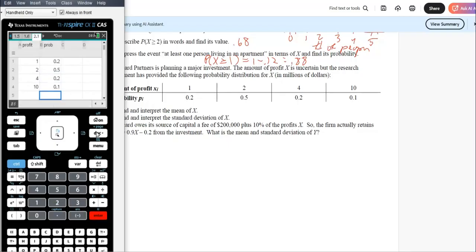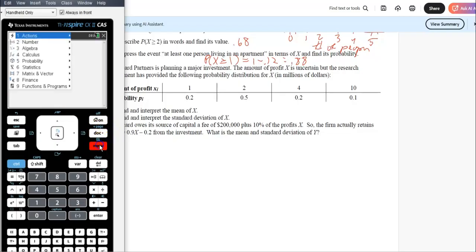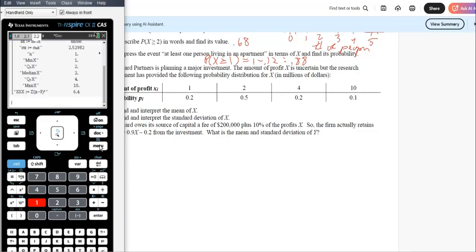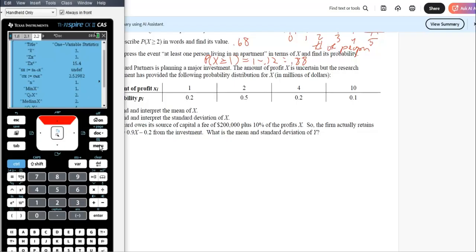It does add up to 1. That's good. Add a calculator page. Do one-variable stats. You have to choose your prob for the frequency. It should give you the expected value is 3. So the mean is 3.